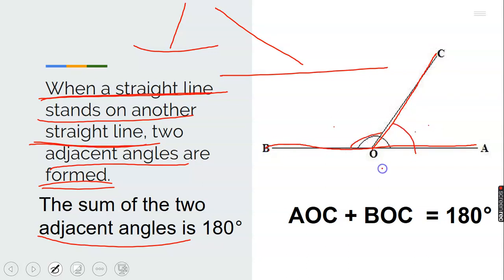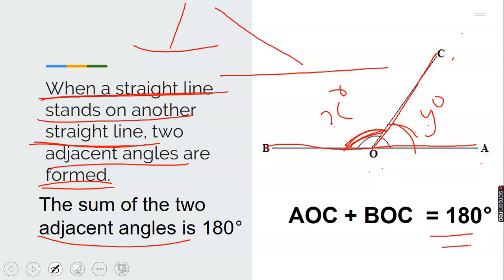You can see when one line joins, we have two adjacent angles. One is this, another one is this. We have BOC and COA. Let's say this angle here is X degrees, and the angle here is Y degrees. When you sum up the two together, it should give you 180 degrees.